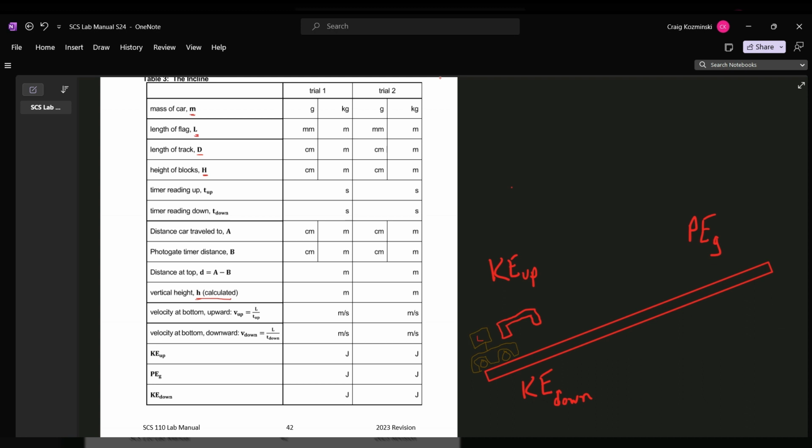However, we will measure the kinetic energy of the car as it moves up the ramp by measuring the amount of time it takes for the flag to travel through the photogate on its way up. The car, after it moves through the photogate, will reach its highest point, and we will measure this highest point as the distance that the car travels to.